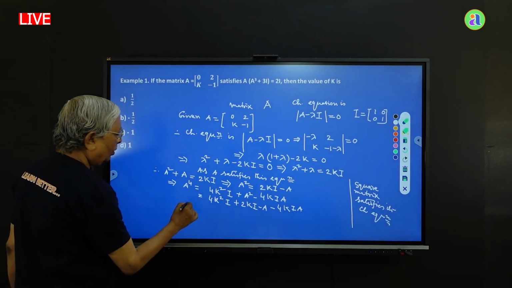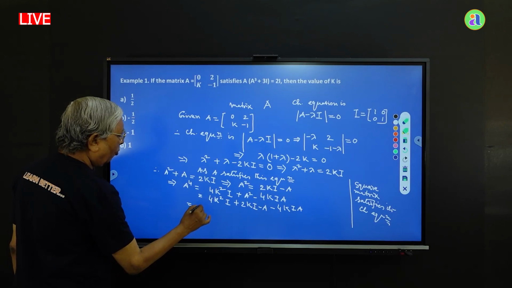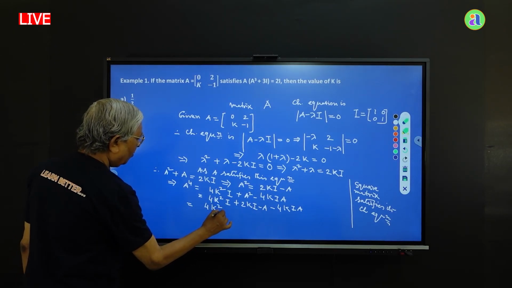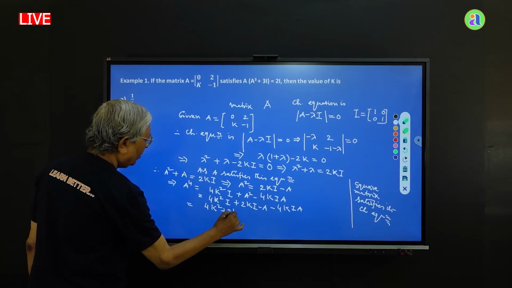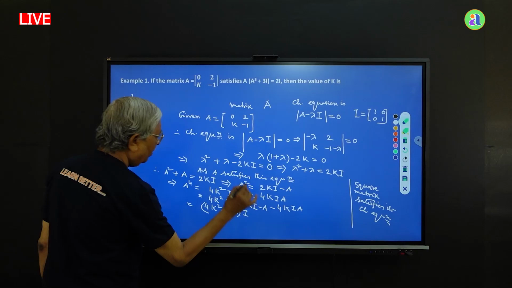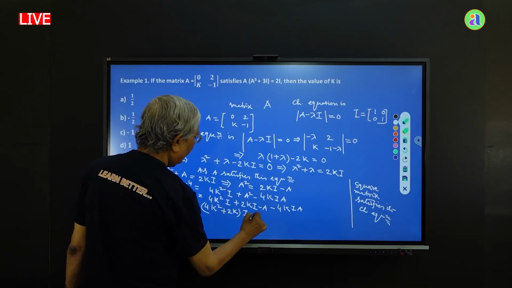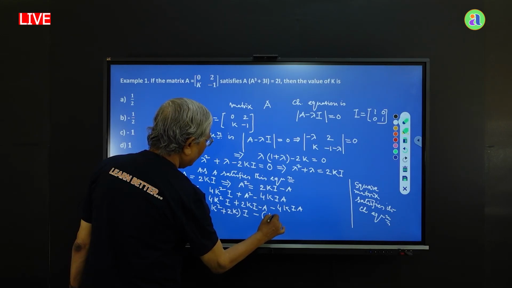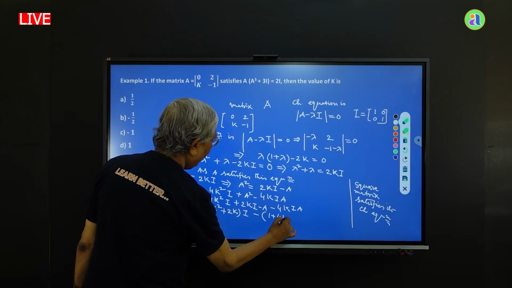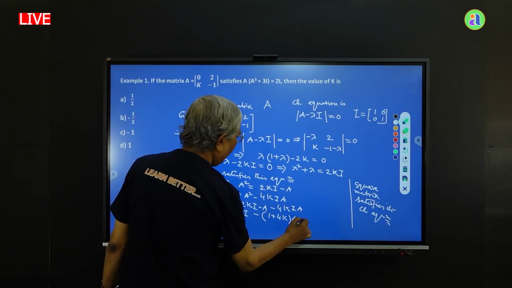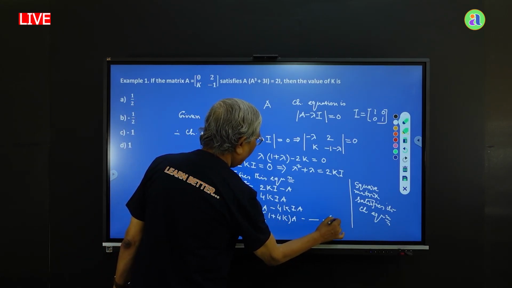This is equal to (4k squared plus 2k) into I minus (1 plus 4k) into A. This is our relation number 1.